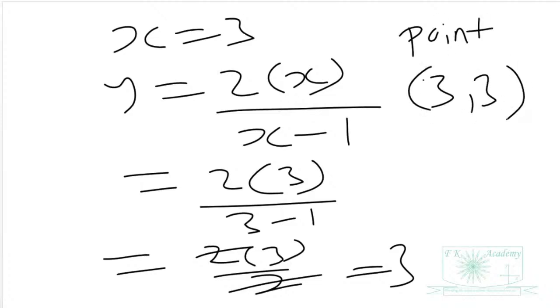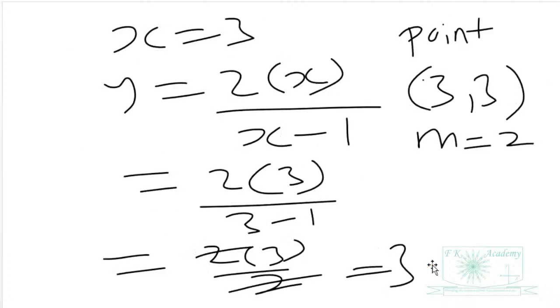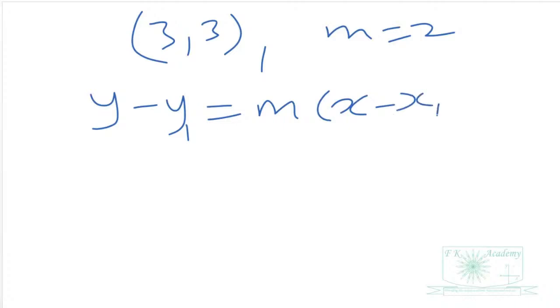So the point is 3, 3. And the gradient, in this case, m is 2. We found it here. And we found the point to be 3, 3. So the equation of a line going through the point 3, 3 with gradient m equal 2 is given by y minus y1 equal m into bracket x minus x1. So this is our x1 and this is our y1.